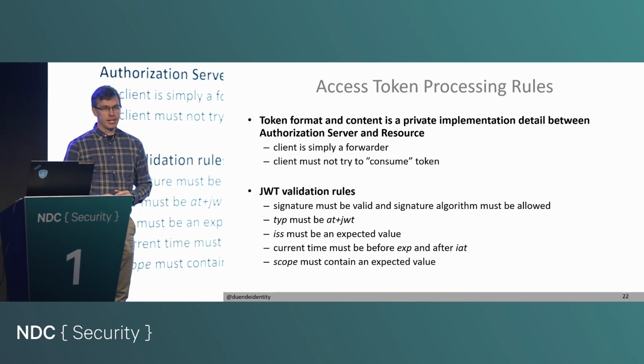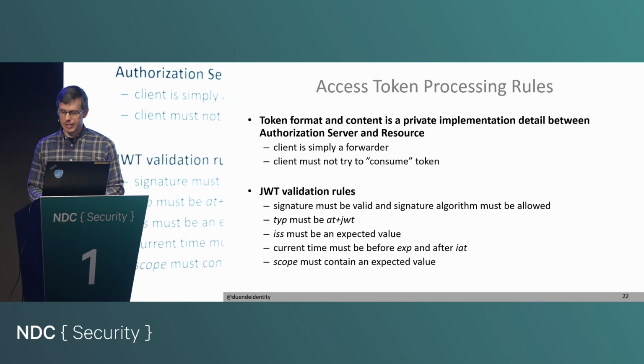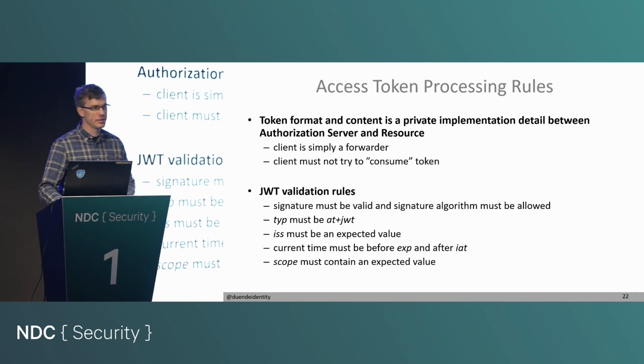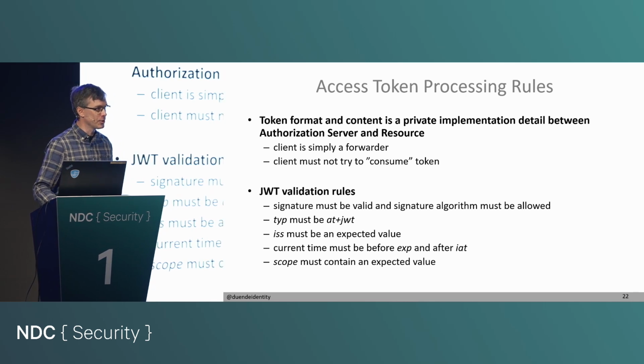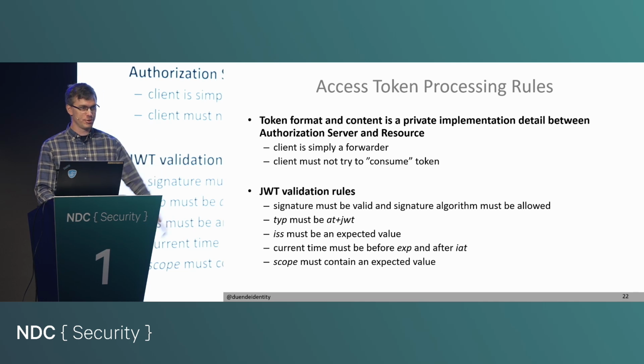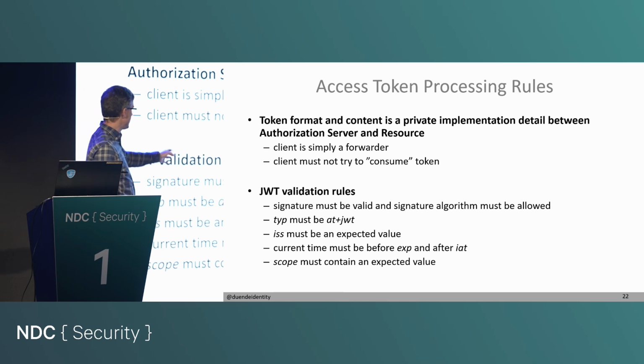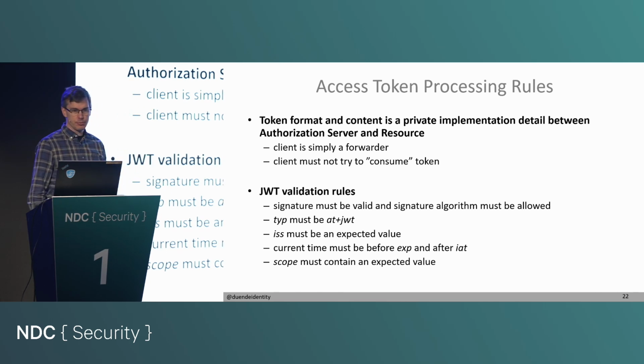But it turned out that there was an era where quite a few implementations just checked that there is a signature with an algorithm, and they allowed signature algorithm none, which is, of course, totally insecure. You must check that the type is at+jwt, an access token in JWT format.